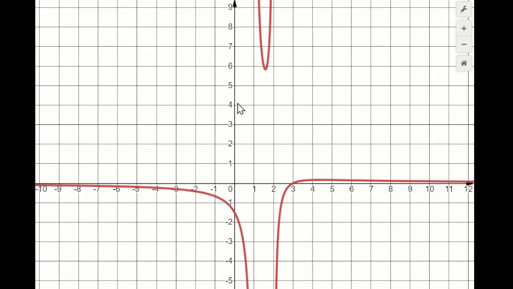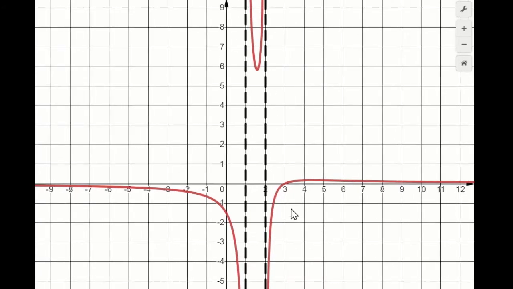And that is the reason why, from our past understanding, we know that we're going to have two vertical asymptotes here. One of them is at x equals 1. The other one is at x equals 2.